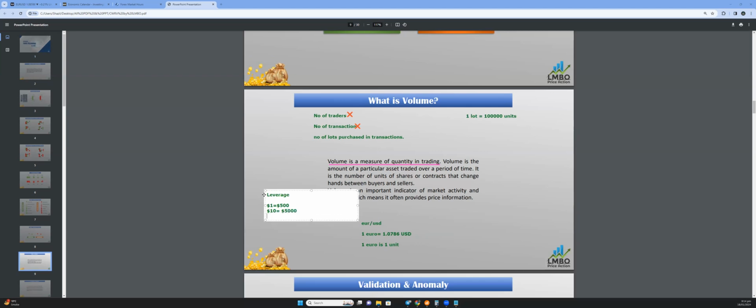You invest $100, I will convert it into $50,000. If you invest $200, I will convert it into $1 lakh. But with $1 lakh I cannot buy one lot of euro; definitely I need to deposit $220, and then I can purchase one lot.